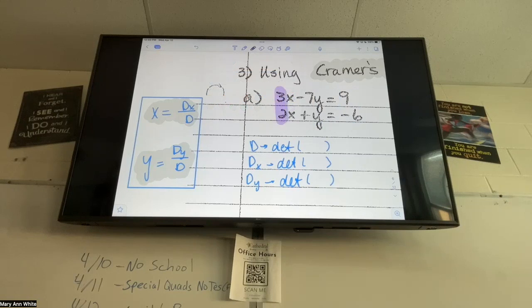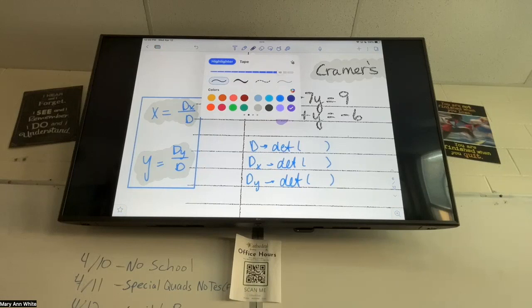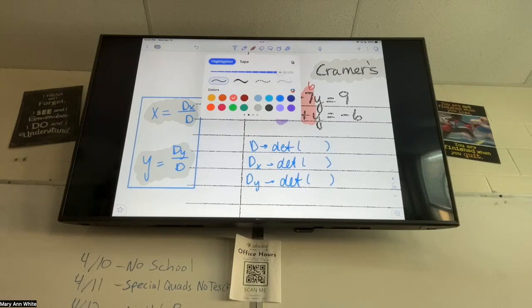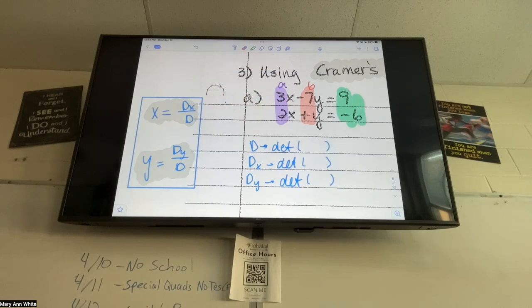So my x column is going to be my A column, which means that y is going to be my B column. And last but not least, my C column is going to be this solutions column of numbers.